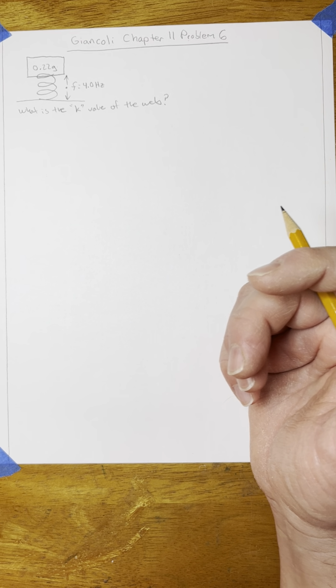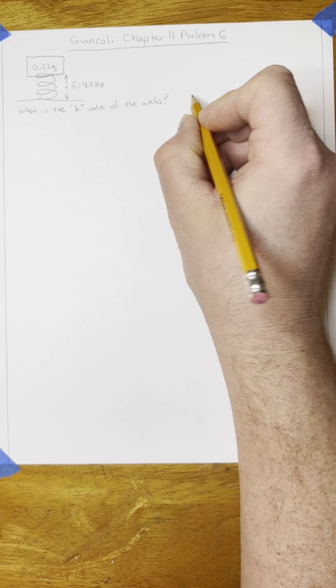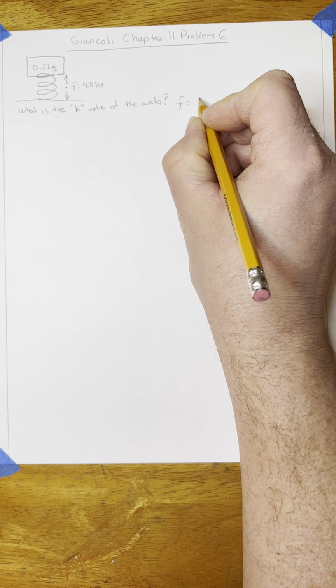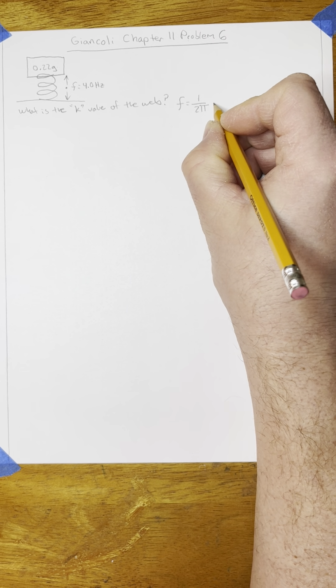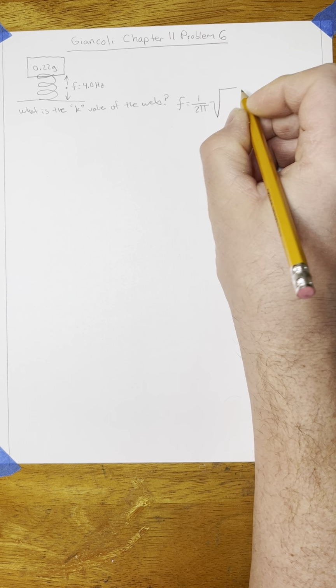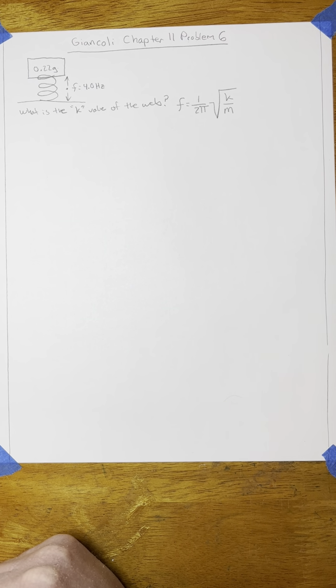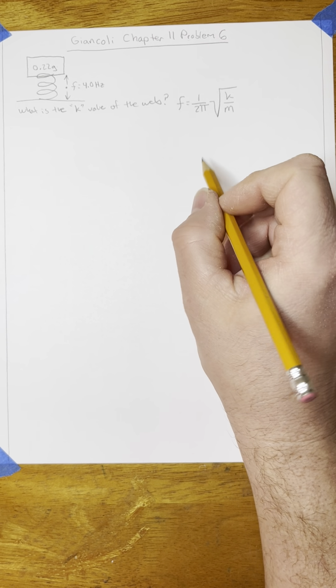Okay, so the relationship that we can use to solve this, and we've used it in other problems, is that frequency is equal to 1 over 2 pi times the square root of the spring constant K over m. We're going to solve for K. We know m and we know the frequency.